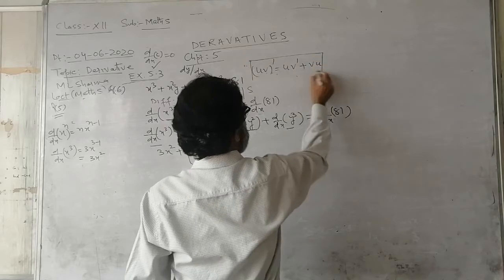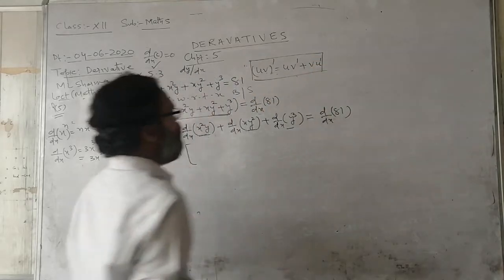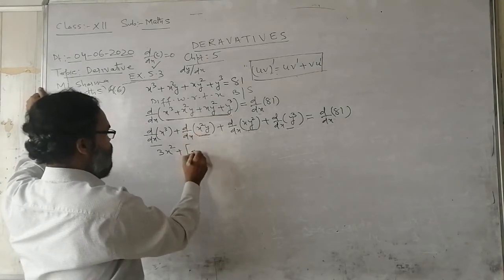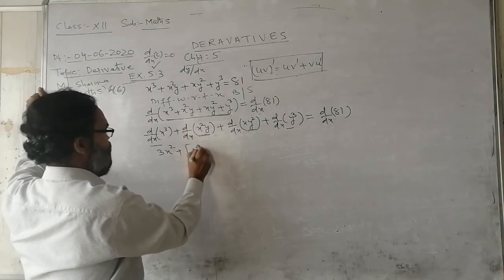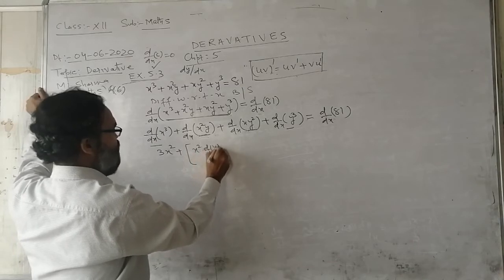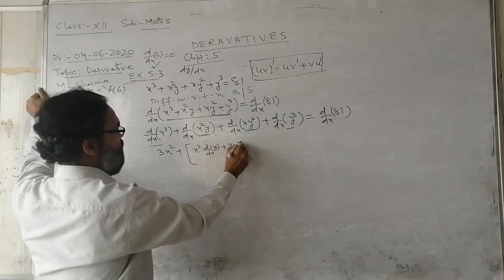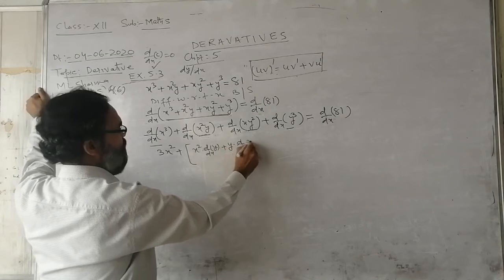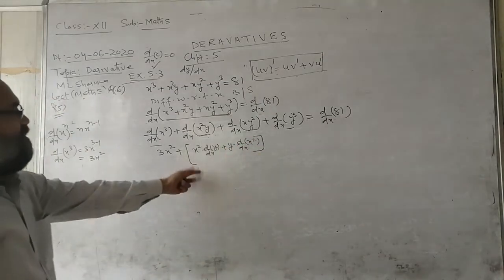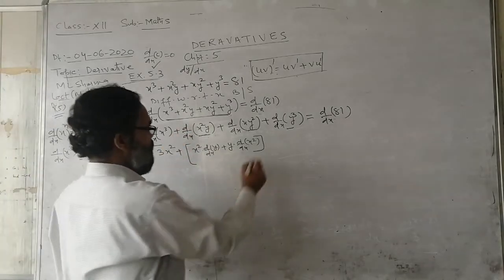So same formula will be used again. Here this is u, this is v. So first x square into derivative of second plus second into derivative of first. So this will be the derivation of this x square y.